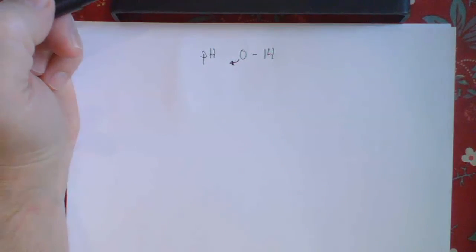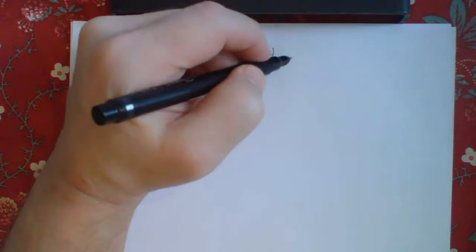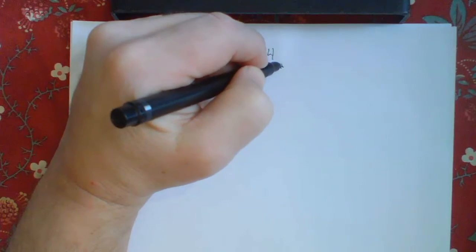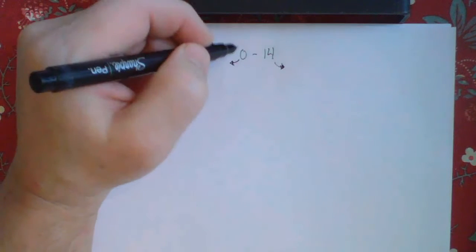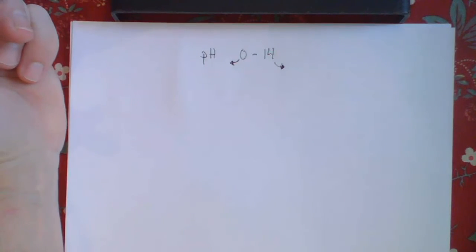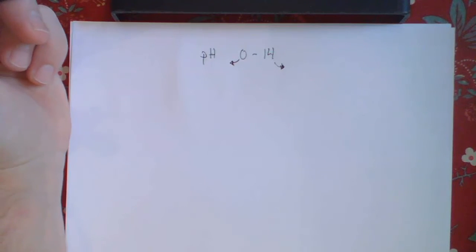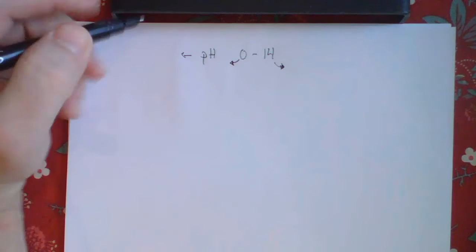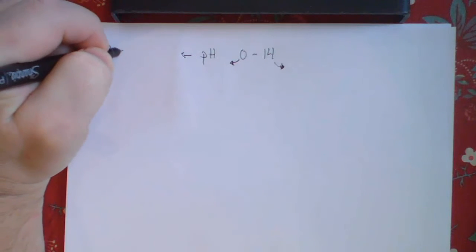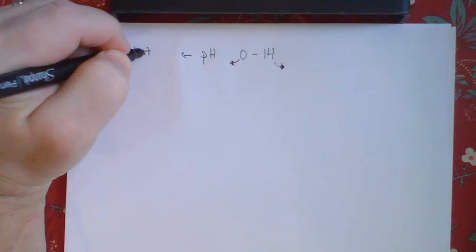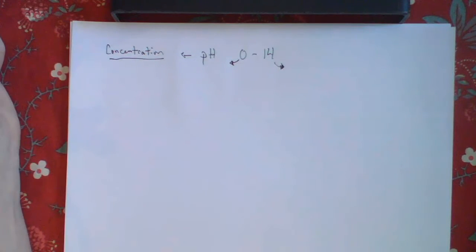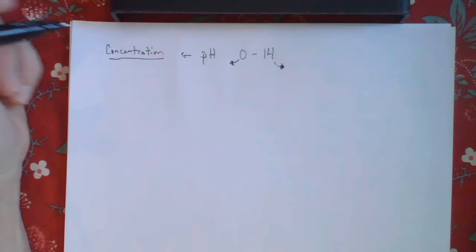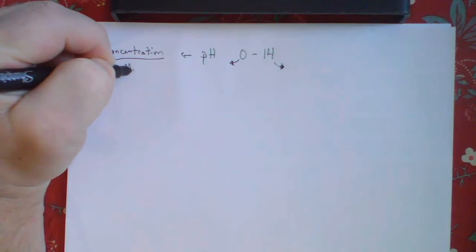In fact, a lot of times we could, but it's about a concentration issue. And it's not that we couldn't go higher than 14. It's just that we see most of our situations lie in that range of 0 to 14. Now, pH depends upon concentration. So concentration is the key here to talking about pH. And when we talk about concentration, we're talking about our molarity.